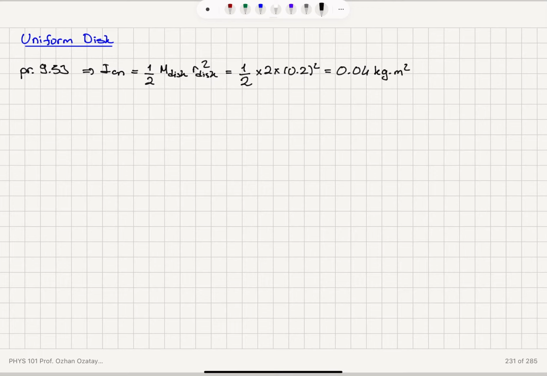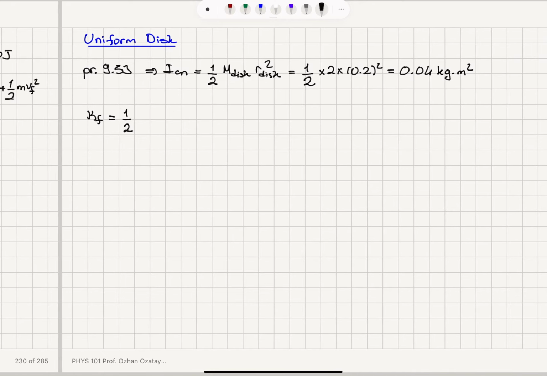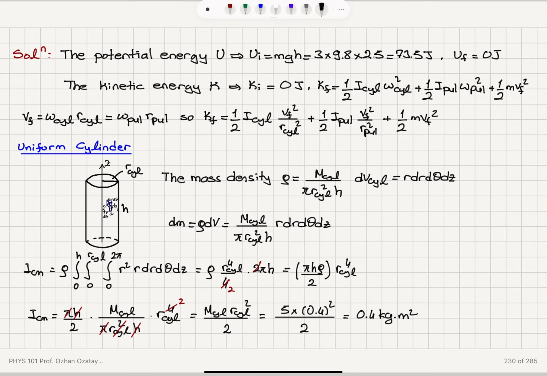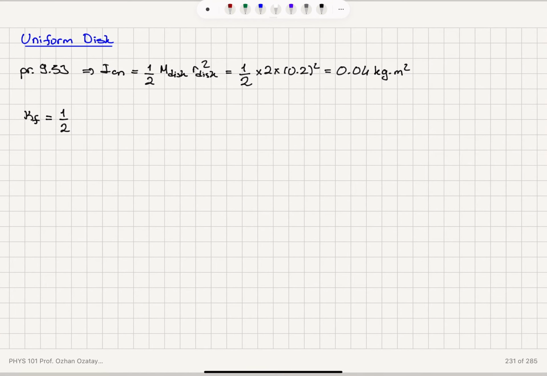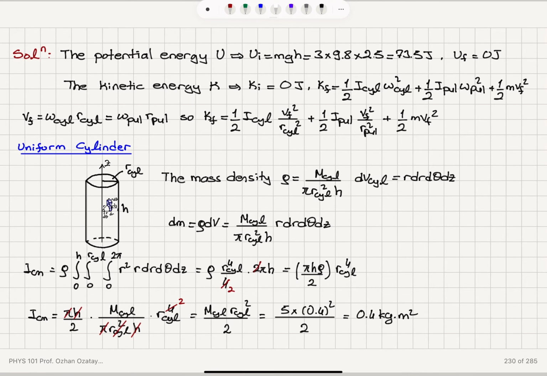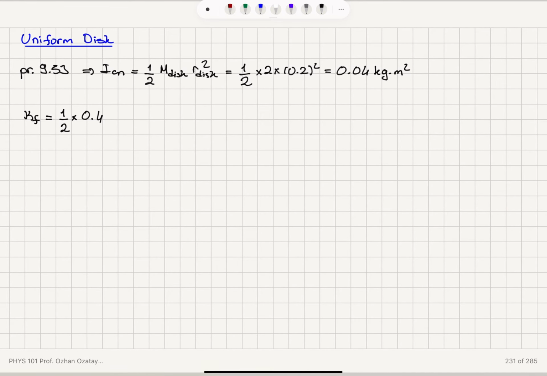So we can now write the final kinetic energy as 1 over 2 I cylinder omega cylinder squared. This is 1 over 2 times I cylinder, 0.4 kilograms meter squared that we found here, multiplied with V final squared divided by R cylinder squared, which is 0.4 squared. That's the first term.